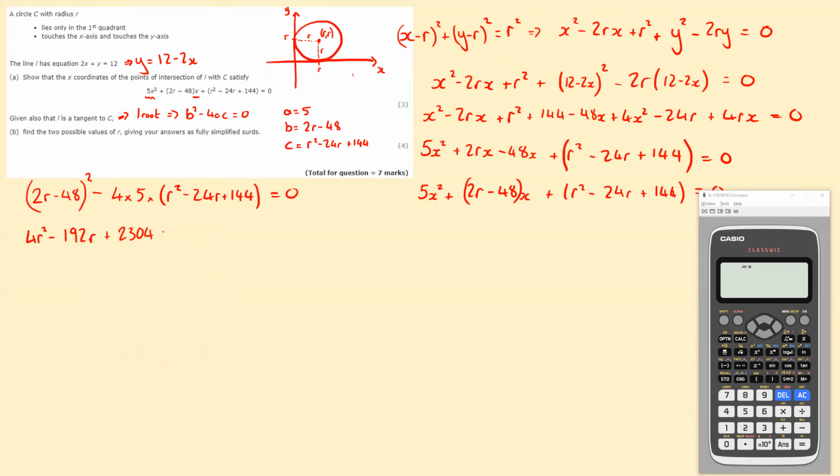I did all that in my head in the last one, and now I've got no proof of it. Anyway, minus 4 times 5 is 20, times all of this. So I've got 20r squared, minus 20 times this is 480r, and then 20 times this is 2880. Personally speaking, what I'm looking at here is my r squareds. I'm going to get a negative overall. I don't really like the idea of getting a negative, so I'm going to multiply everything by -1, or effectively take everything to the other side.